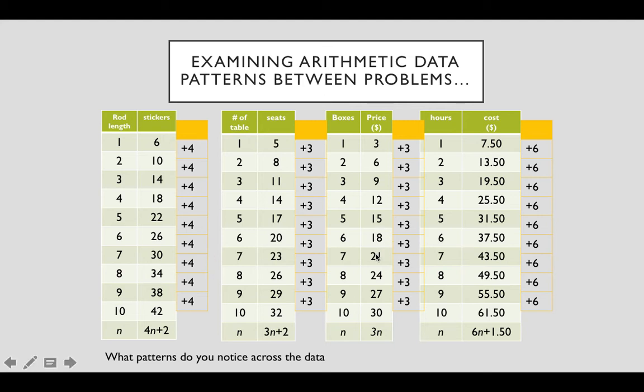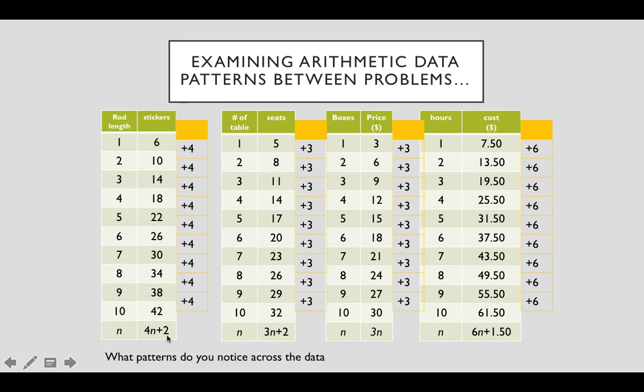Nope, it's already 18. That tells me there's nothing here to add or subtract. Similarly, if I know my constant change is 3, 9 times 3 is 27, but I want it to be 29. Well, that means I better add 2 at the end. There's that constant change. Here's the amount that we add. Same thing here. 4 times 4 is 16, but I want it to be 18, so I know I'm going to have to add 2.